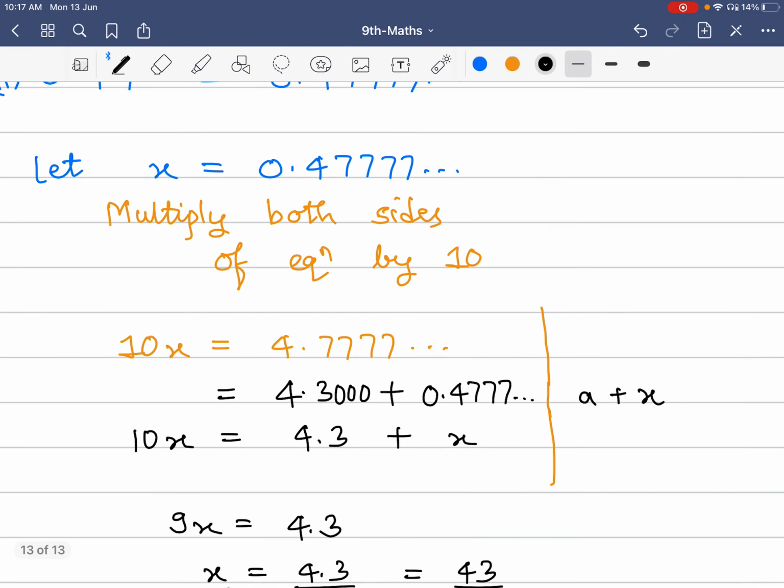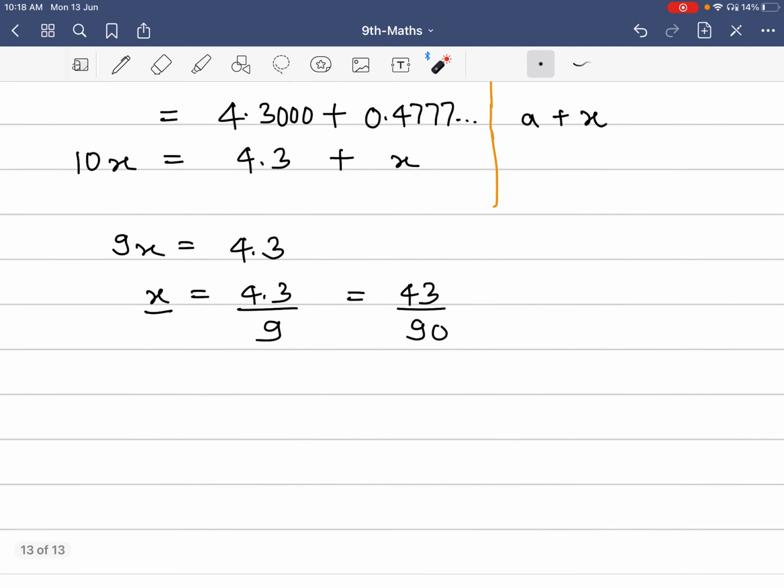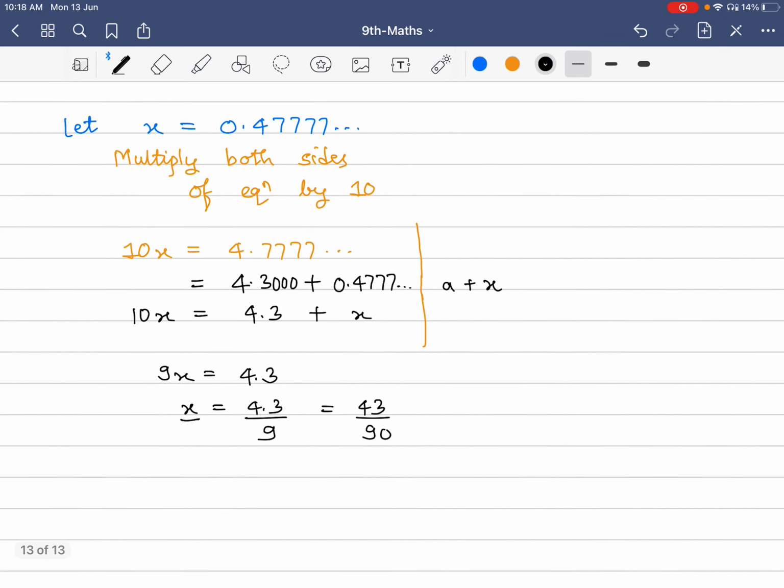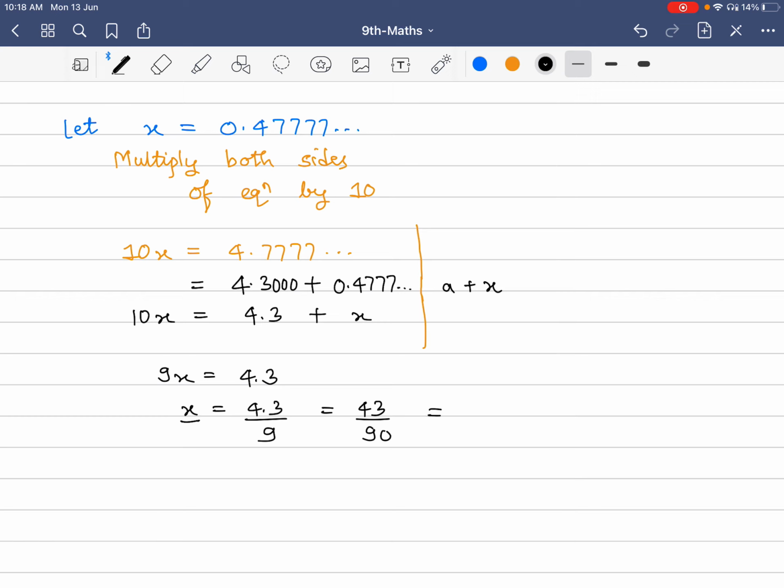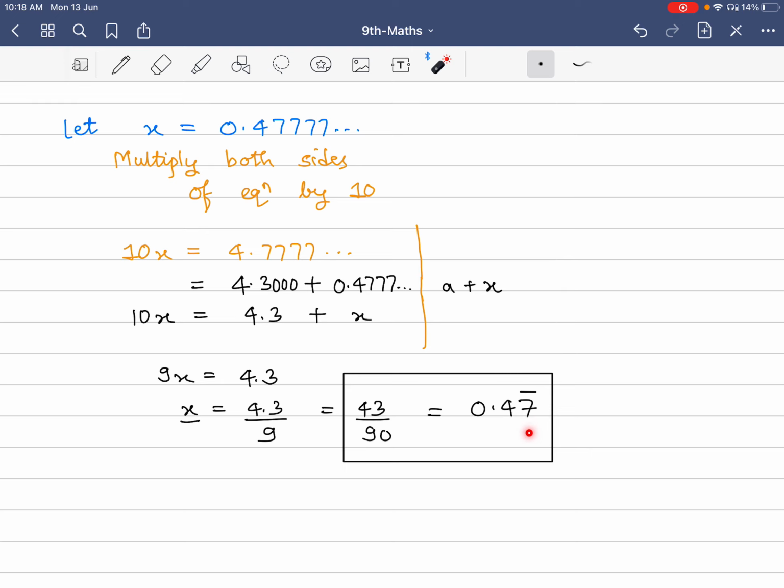However, what is x? In the beginning, x was this, so I'm going to replace it. Let me zoom out. So this is nothing but 0.47 bar. Thus we have once again got a p by q form of representation of our input number 0.47 bar.